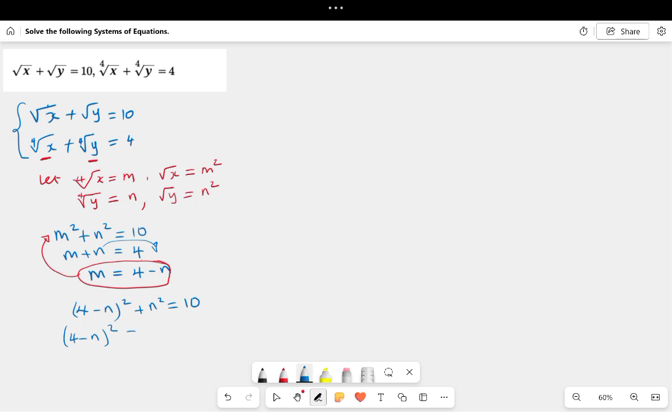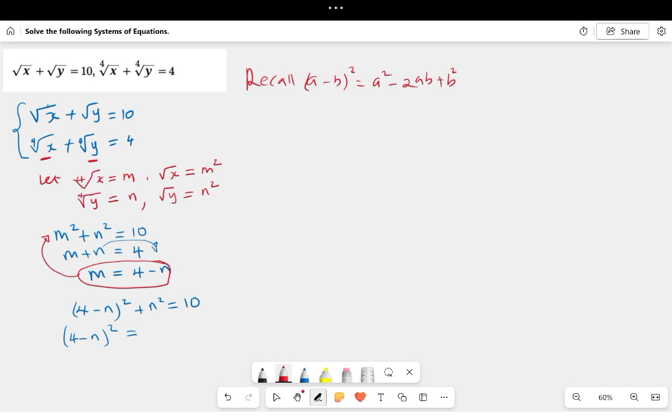Let us remember the formula from binomial expansion, whereby we know, let us recall this, a minus b squared is equal to a squared minus 2ab plus b squared.